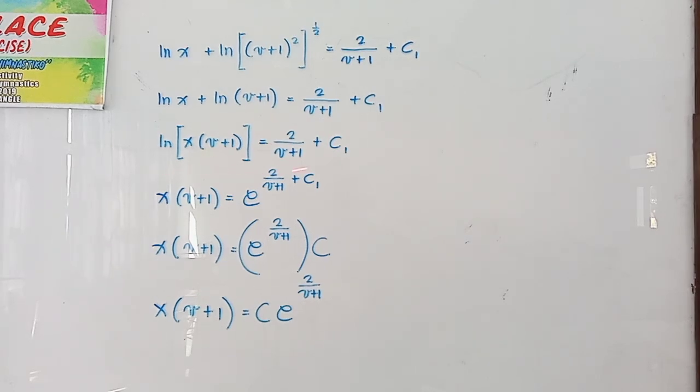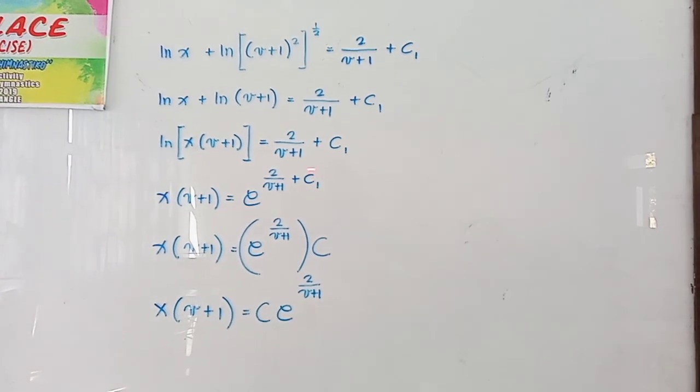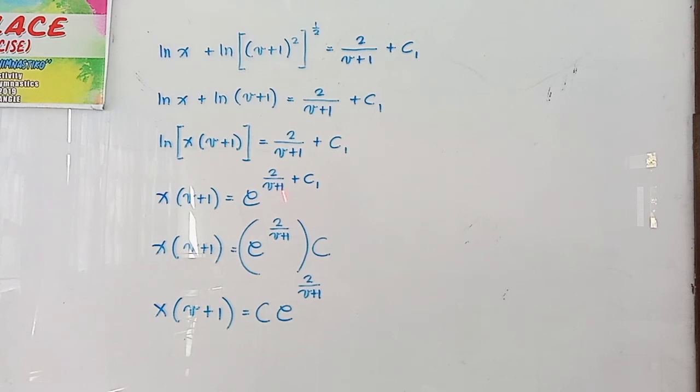We may simplify this by applying antilog, and we will come up with this result, wherein by property, laws of exponents, that can be written in this manner. Because you have there, instead of c, e raised to c sub 1, which is another constant. That's the reason why I reserved c for the final value of the constant.